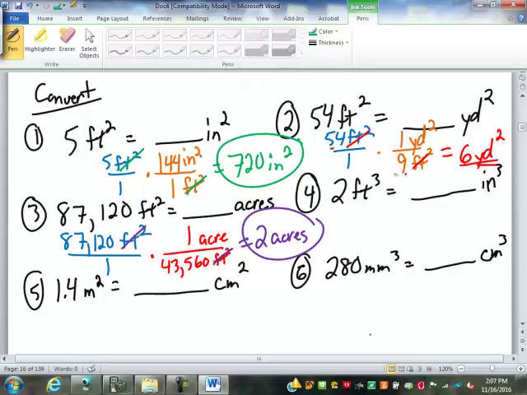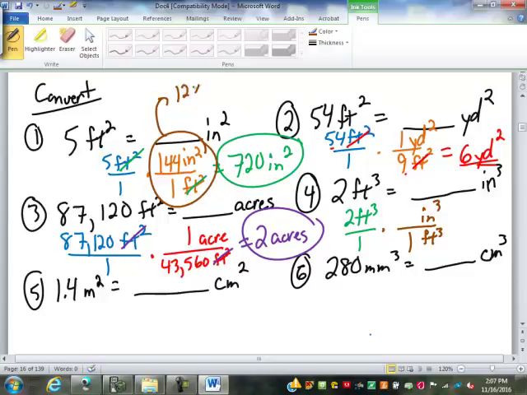Over here, 2 feet cubed, 2 cubic feet, going into cubic inches. This is going to be a different conversion factor yet. Up here, when it was square inches and square feet, 1 square foot was 144 square inches. The 144 comes from the fact that it's 12 inches in a foot, and a square foot is 12 by 12, which is the 144.